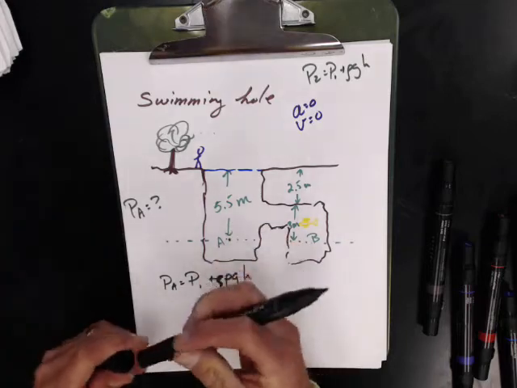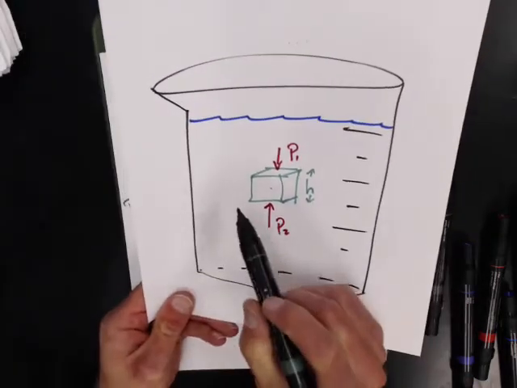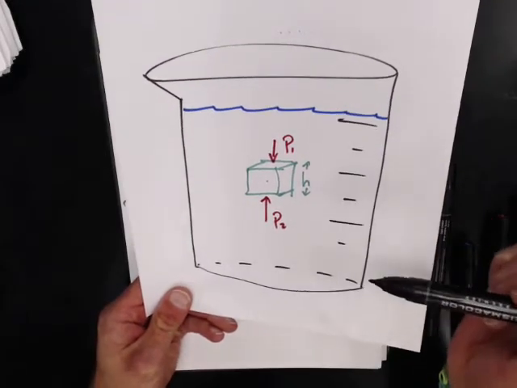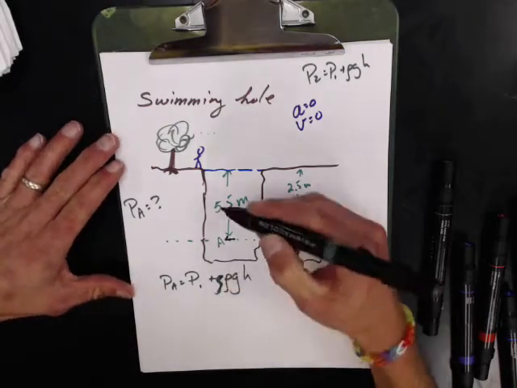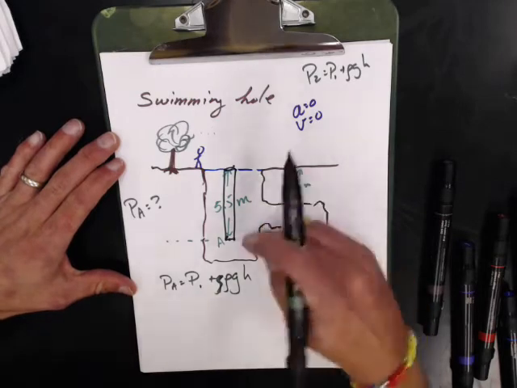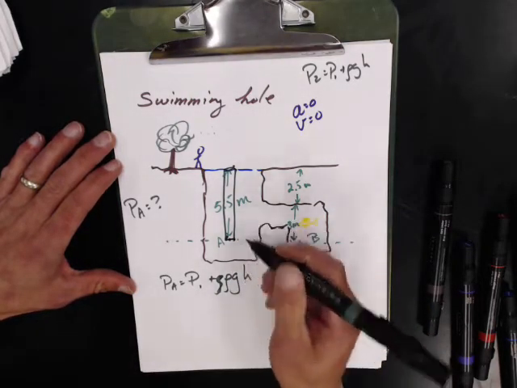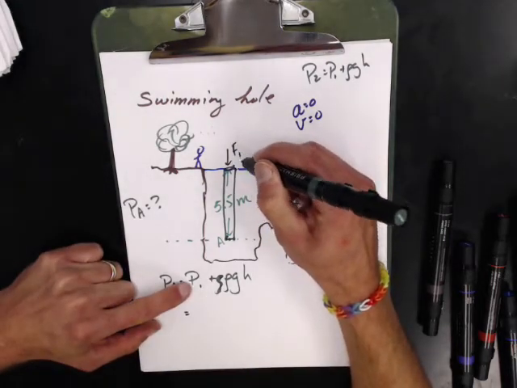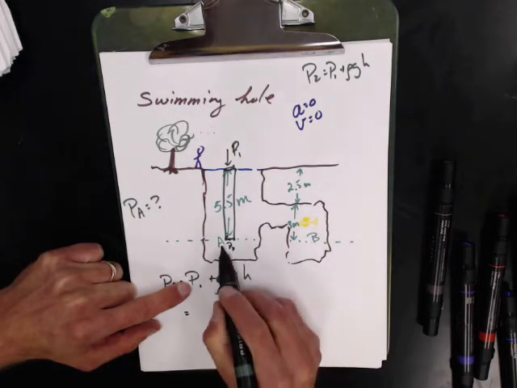I have to draw my little square like I did previously in my beaker here. Notice this h is completely arbitrary. So the top of my square reaches all the way up to the top of the pond, and my h is 5.5 meters. I've got P1 pressing here, and P2, which is my pressure at 2.